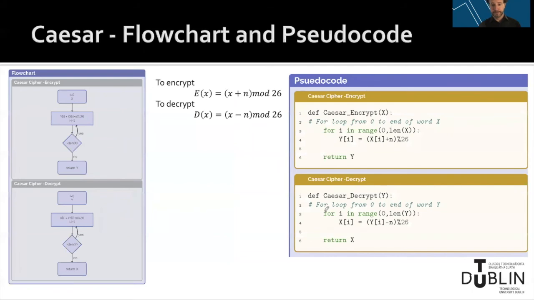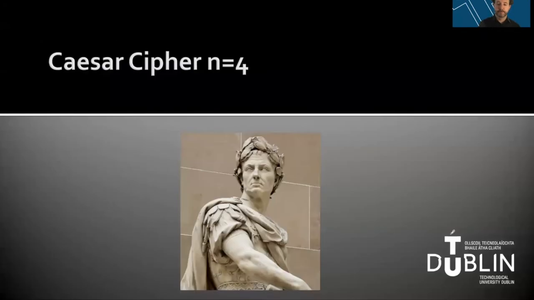So here we have our encryption and decryption flowchart in maths and in pseudocode. So here we have how an engineer would think about it, how a mathematician would think about it, and how a computer scientist would think about it. So I'm just going to go through a couple of examples for n equal to 4.